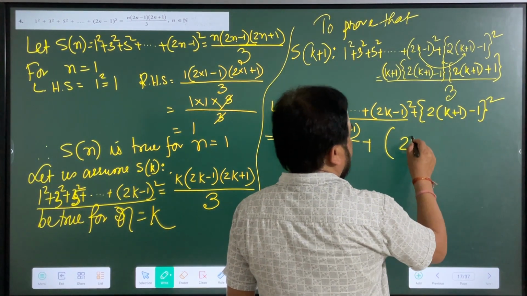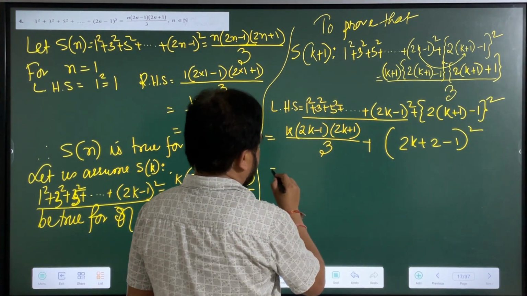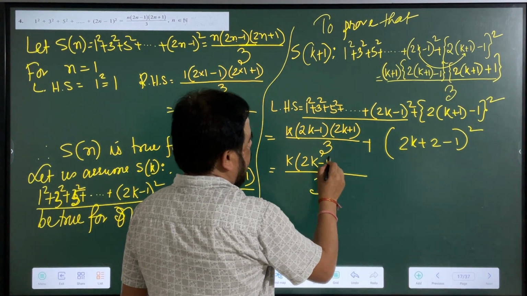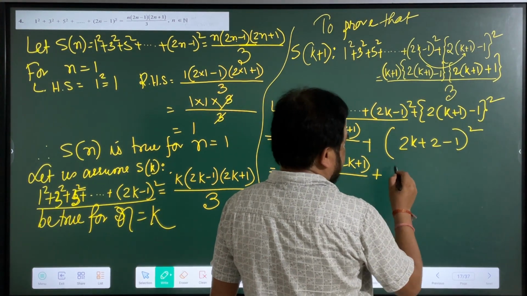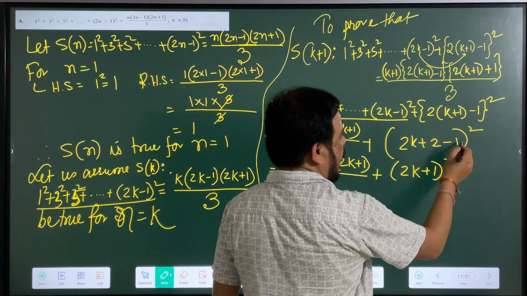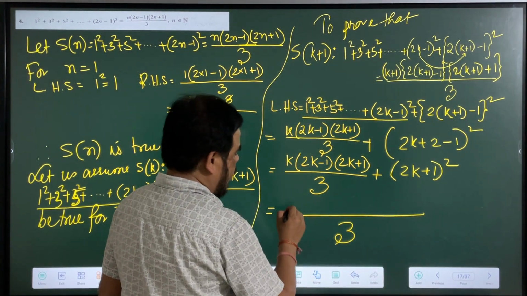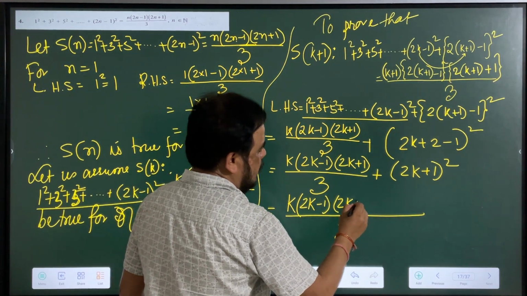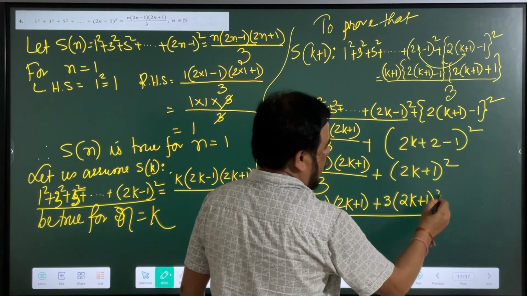Okay, this one is 2k plus 2 minus 1 whole square. Let us write 3k, 2k minus 1, 2k plus 1 plus this one, shortly 2k plus 1 whole square. 2 minus 1 is 1. Now LCM: 3k, 2k minus 1, 2k plus 1 plus 3 into 2k plus 1 whole square.